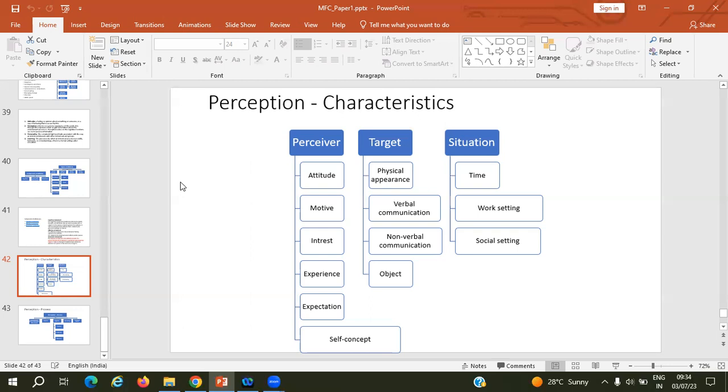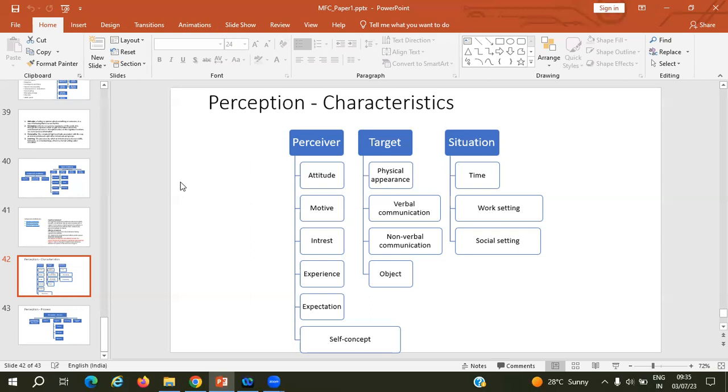So different people have different perception based on the time. The same example, if I am wearing a party dress and going to office, or you are wearing an office dress going to a party, the time changes, so your perception will vary.